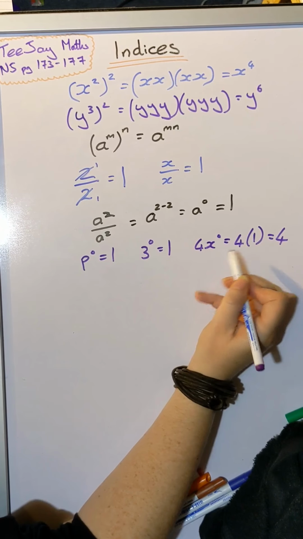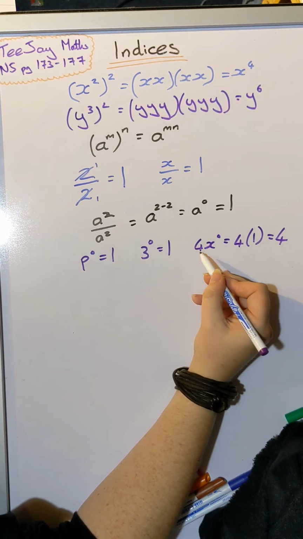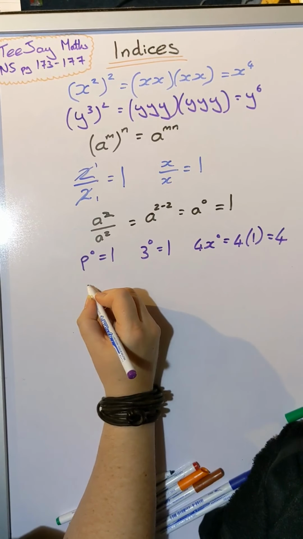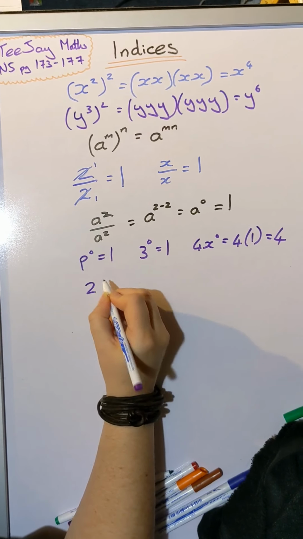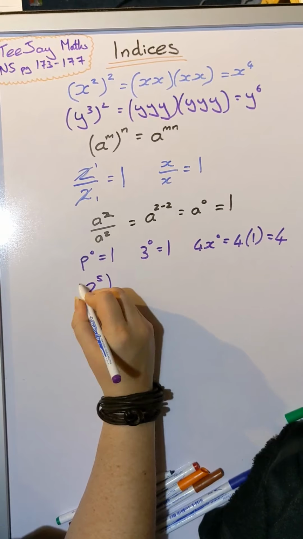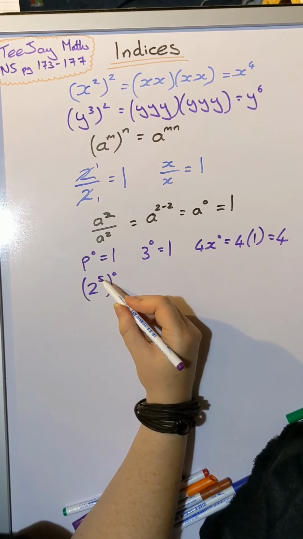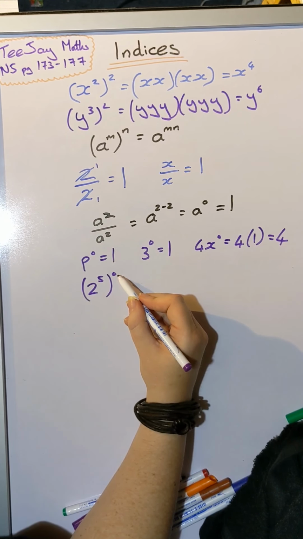Be aware of that. Be careful of that. The number is multiplying the 1. However, if I have 2 to the power 5 times 0, whatever 2 to the power 5 comes out at, I'm also going to have 1.